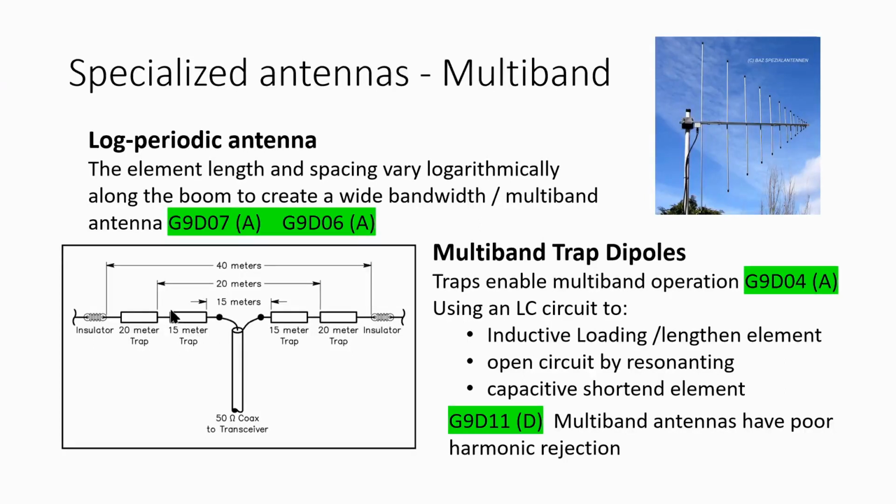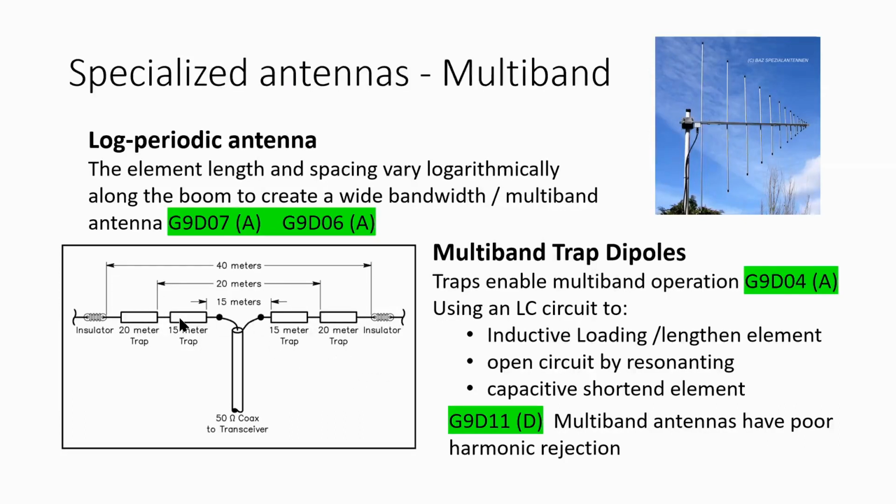However, this 15-meter coil is resonant, and a resonant circuit is an open circuit on an antenna, so a 15-meter signal stops right here at the coil.